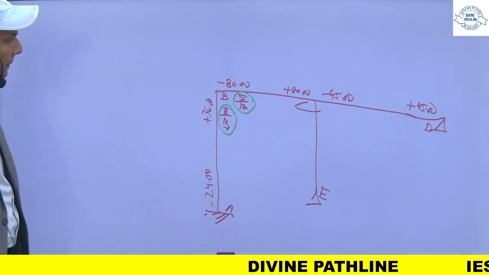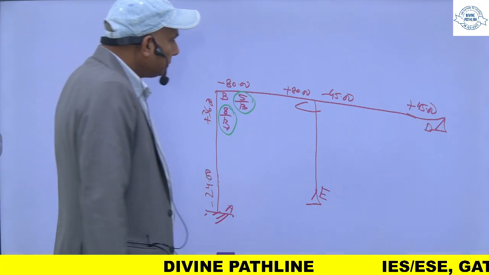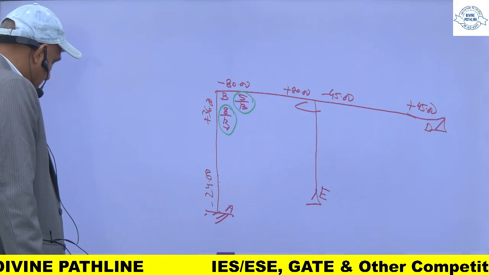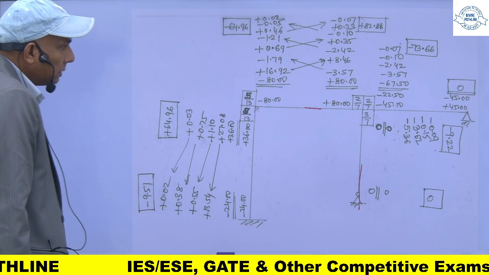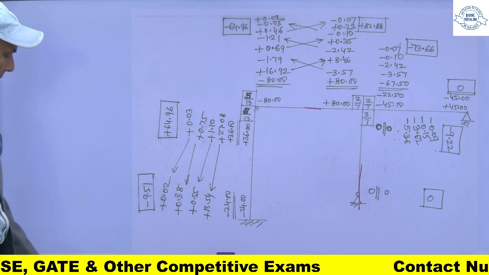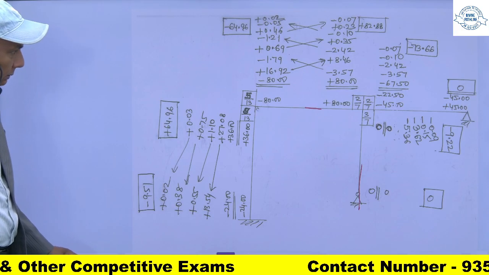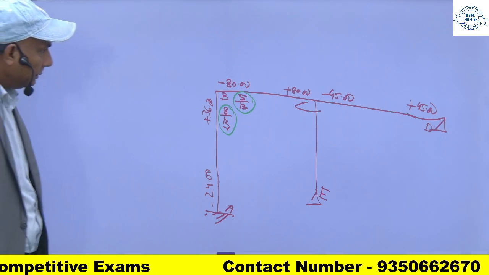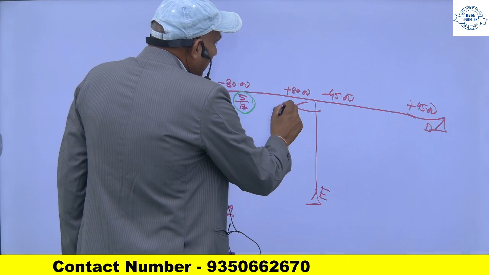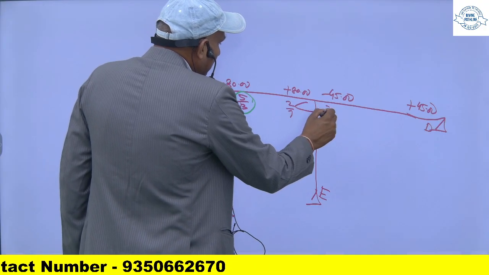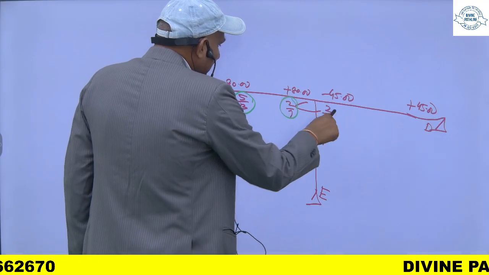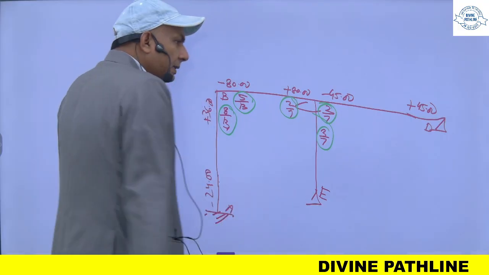Similarly, for this member the distribution factor is 2 by 7, 2 by 7, and for this member it is 3 by 7. So these are my distribution factors.